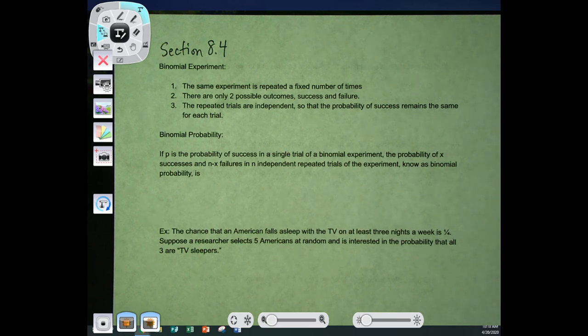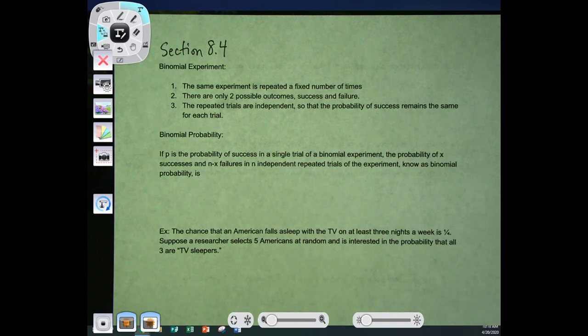We also know in a binomial experiment that we will know how many times we are repeating this experiment over and over and over again. It's a fixed number. And then with that, each trial that we run every time as we're repeating this over and over and over again, the trials are independent. What that means again is that one doesn't affect the other.